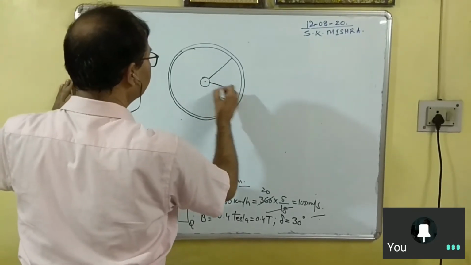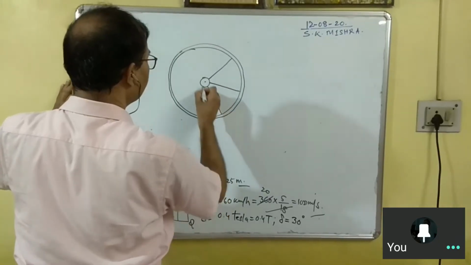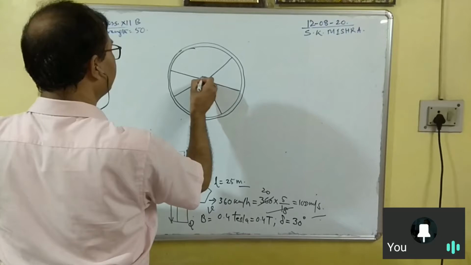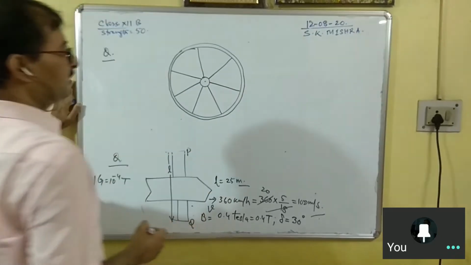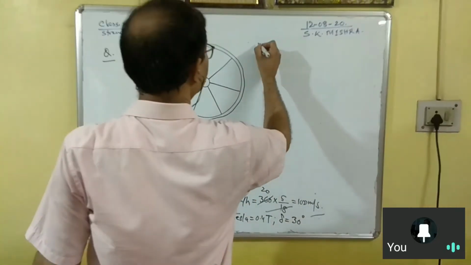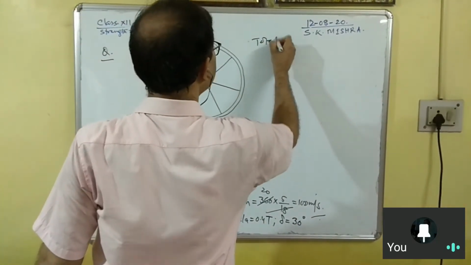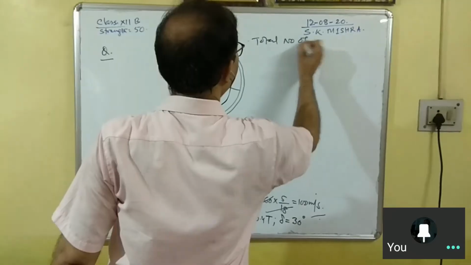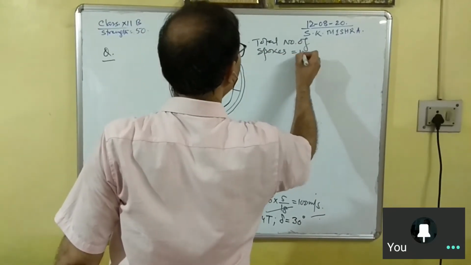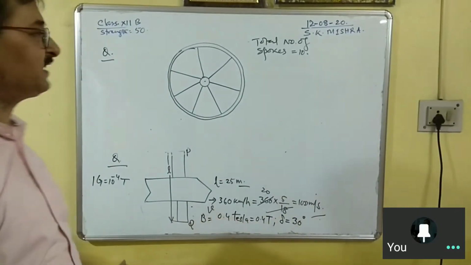Have you seen spokes? So how many spokes are there? Suppose 10 spokes. So the total number of spokes is equal to 10. Consider it as 10.